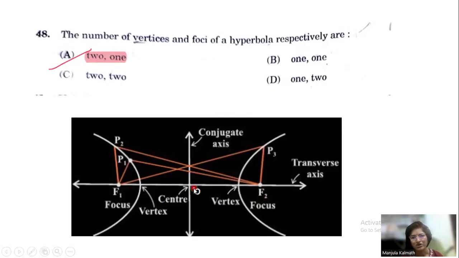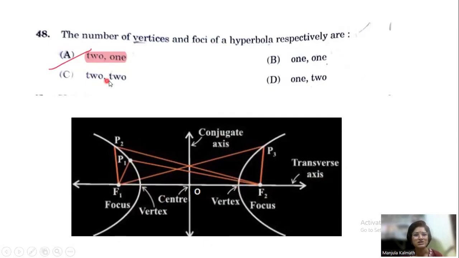And here we have the conjugate axis and the transverse axis. So according to the question, the number of vertices and foci of the hyperbola respectively are: two foci, F1 and F2, as well as two vertices, the intersection points.